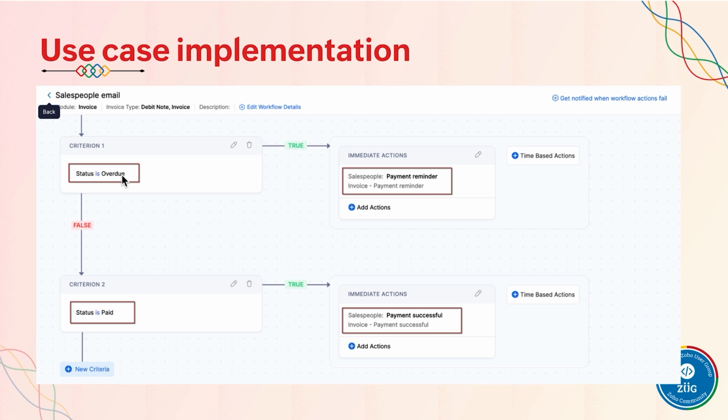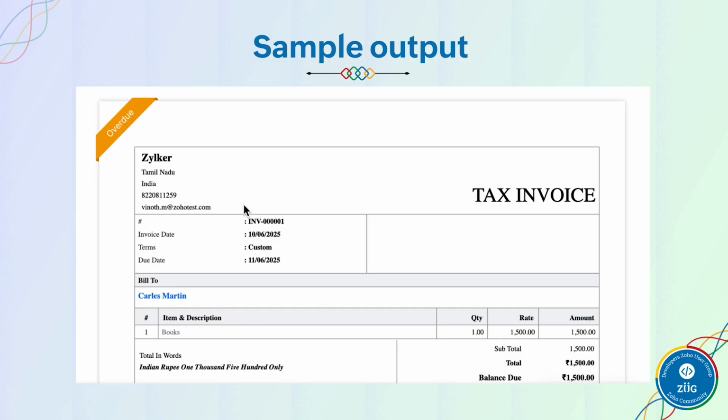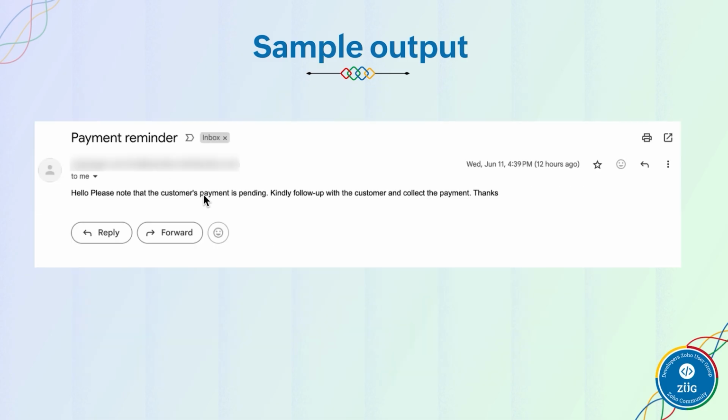I'll show you the sample output that the end user will get out of this extension. Whenever an invoice falls under the overdue state, an email will be triggered to the salesperson from Zoho Books stating that the customer payment is pending and the necessary action has to be taken. So this is how we have created an extension for our use case and implemented it.